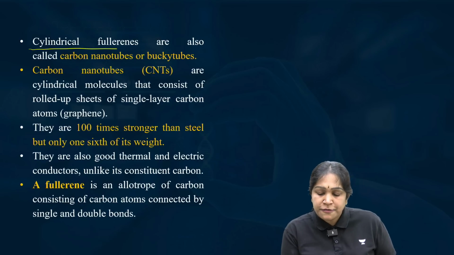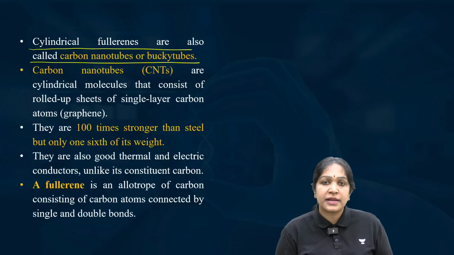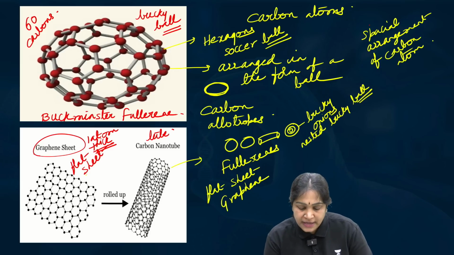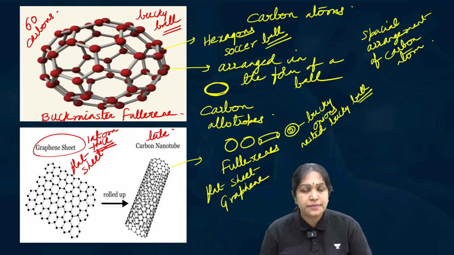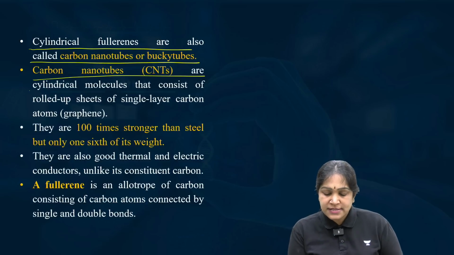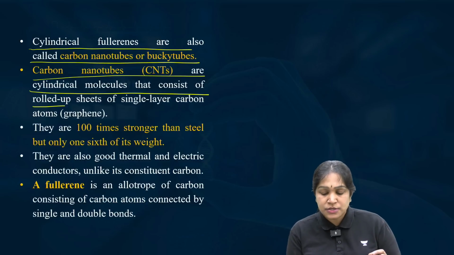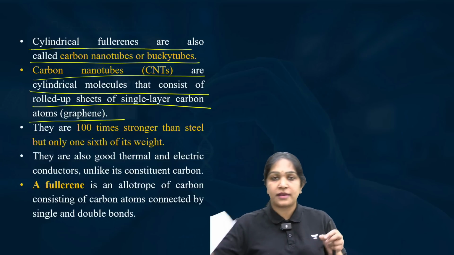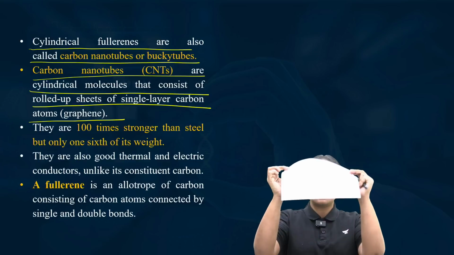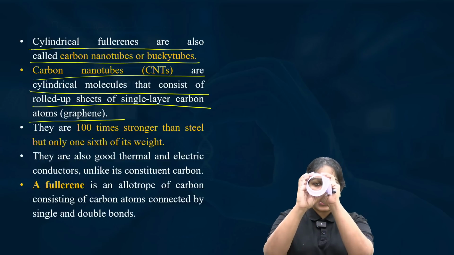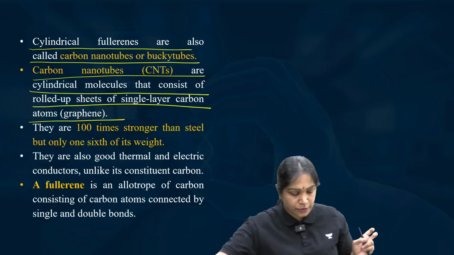The cylindrical fullerenes are called carbon nanotubes. They are also called bucky tubes. Carbon nanotubes are cylindrical molecules that consist of a rolled up sheet of a single layer of graphene. This rolled up single layer of graphene is called a bucky tube or carbon nanotube.